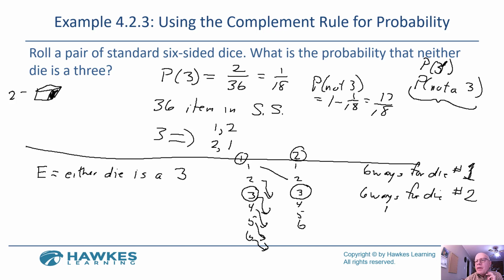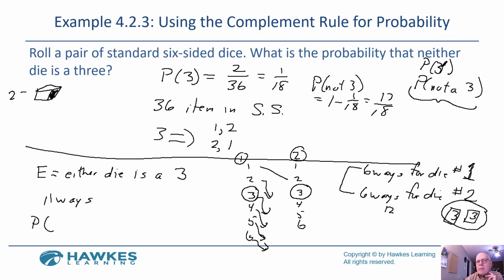So we've got 12 here, but remember, we could also have a 3 on the first and a 3 on the second. So when I add up those two, I added this combination twice. So there are actually 11 ways we could have this.